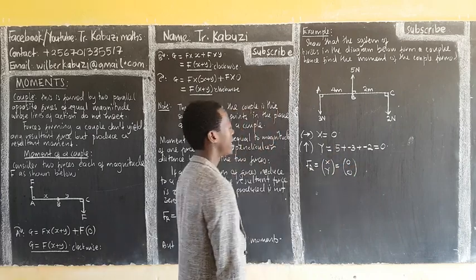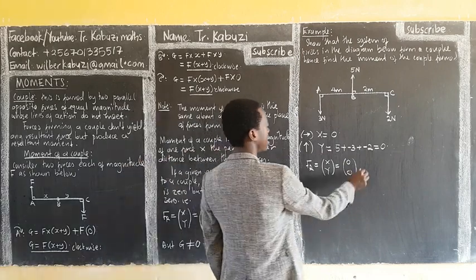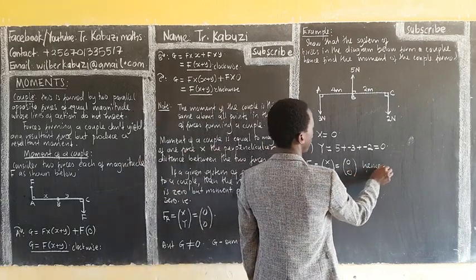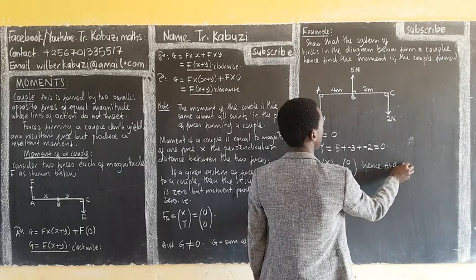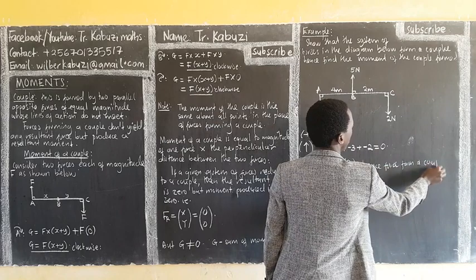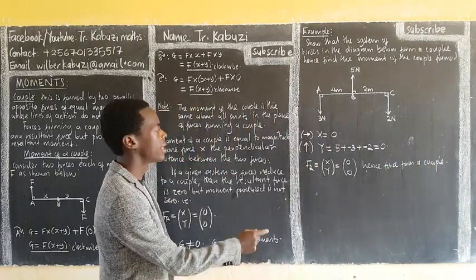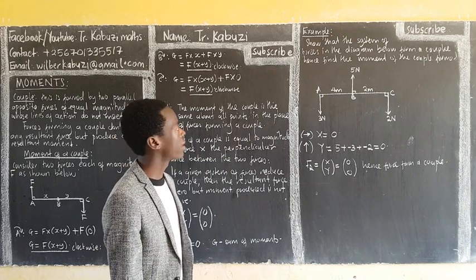So my resultant is 0. Hence the forces form a couple. We said we only form a couple if the resultant force is 0, and so when you get the magnitude of that, it's going to give you a 0.